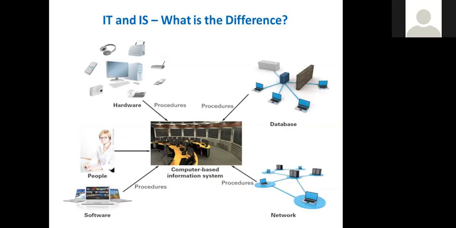However, this program, this information system, needs hardware and software for its operation. For example, this information system needs to be installed on a computer, on a laptop, on a mobile device, or anywhere, so that we are able to use it.